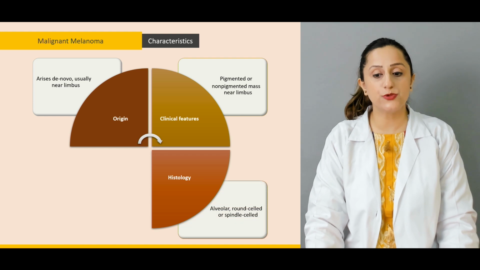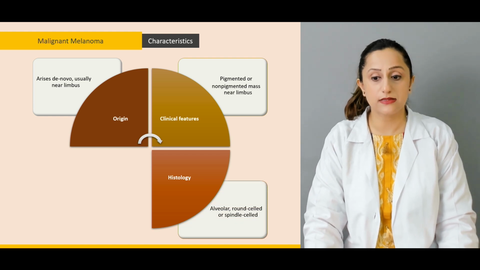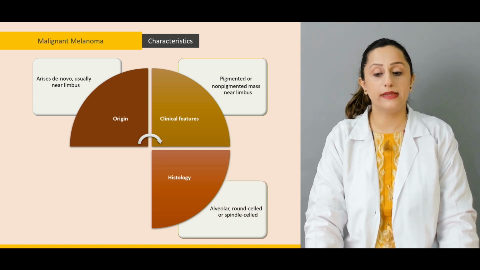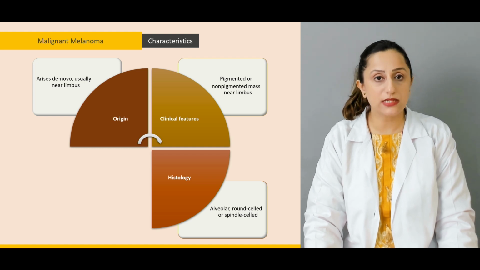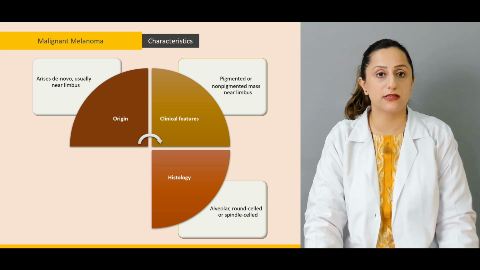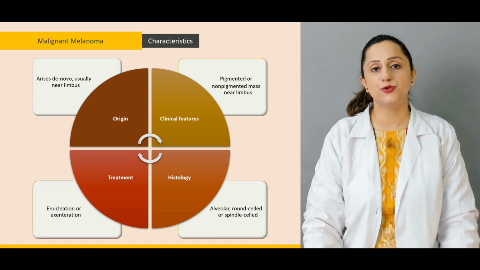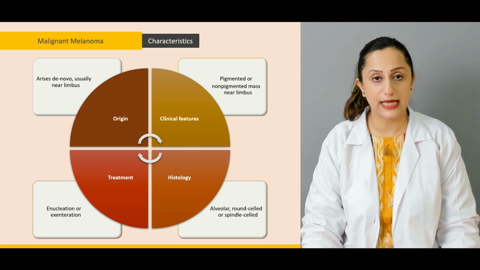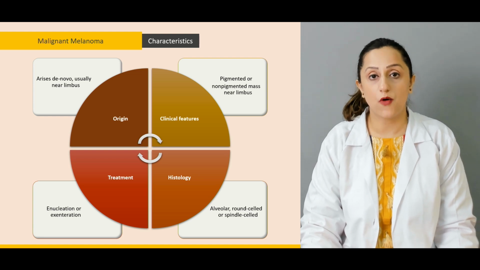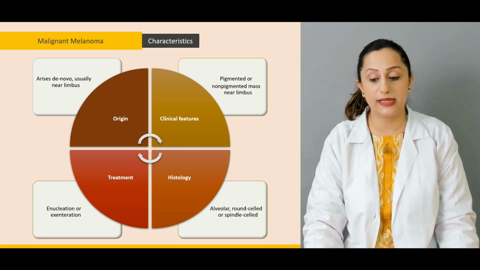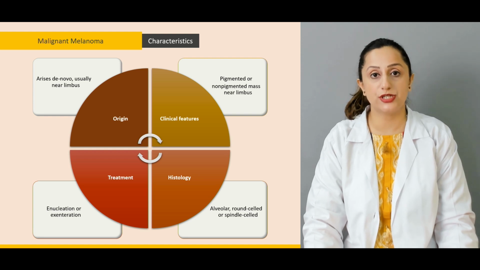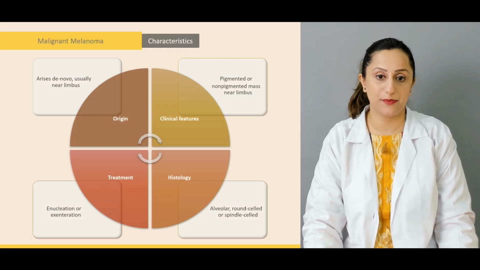The histology would reveal the alveolar cells, the round cells, or the spindle-shaped cells that are quite commonly found in these cases of malignant melanomas. The treatment guidelines would include the enucleation, that is the complete excision of the orbital structures, as well as the exenteration that is performed in these patients.